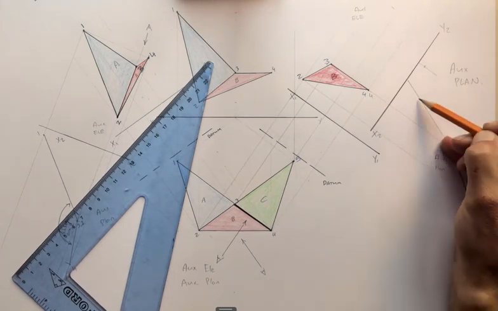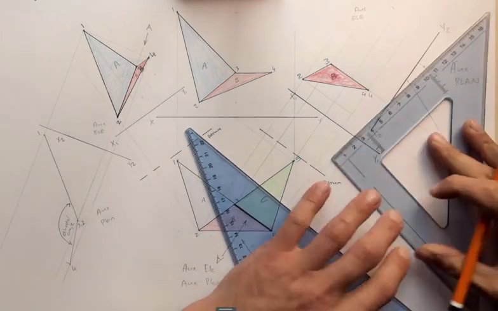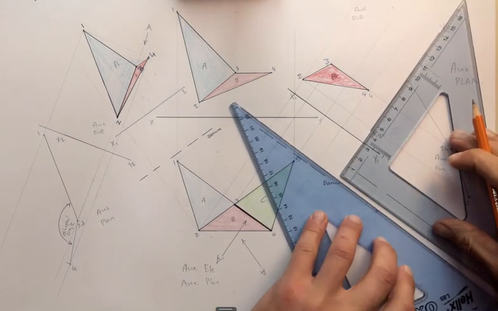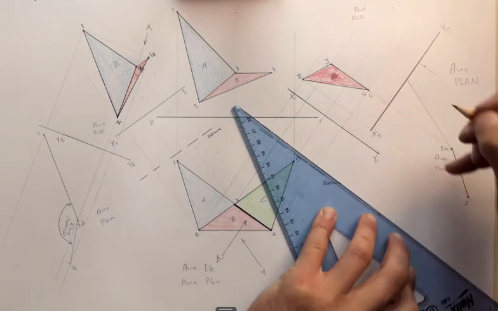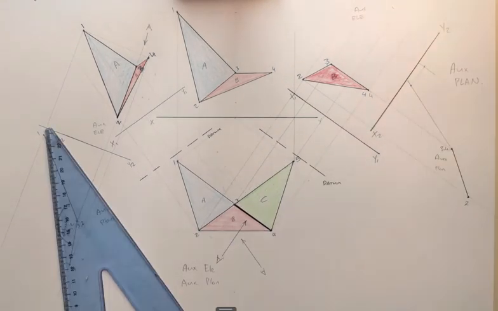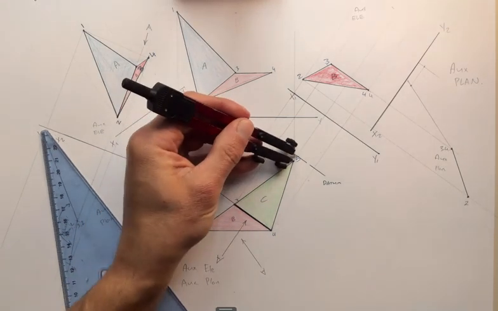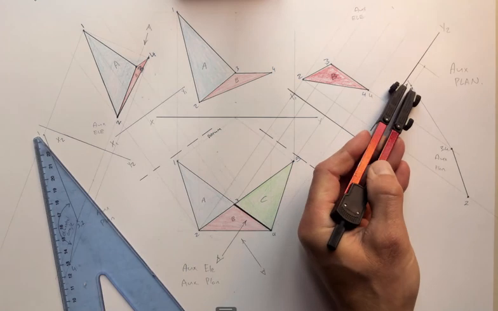Point 5 has to be somewhere along this line because it's going to be an edge view of plane 345. So I just transfer that measurement over, parallel to the XY line, and here is 5. So what that gives me is 5, my measurement from XY line into the view.